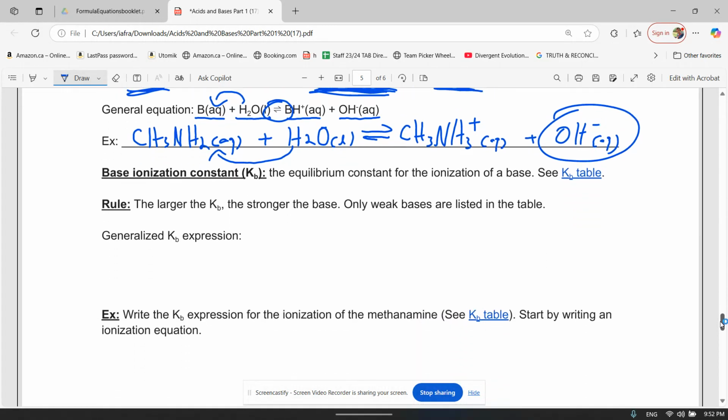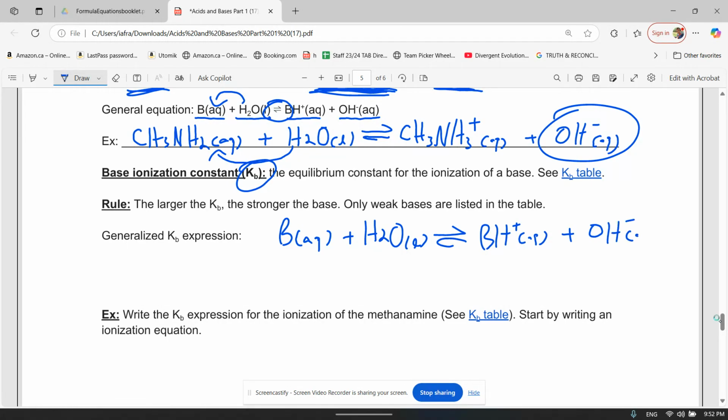Just like we saw for weak acids, you can have a Kb. And so the Kb is your base ionization constant. And essentially you can make Kb by doing it the same way you would do for a Ka. So you would write out your reaction with the weak base first. So let's say this is your weak base, B aq plus H2O, liquid, double arrow, BH plus aq plus OH minus aq.